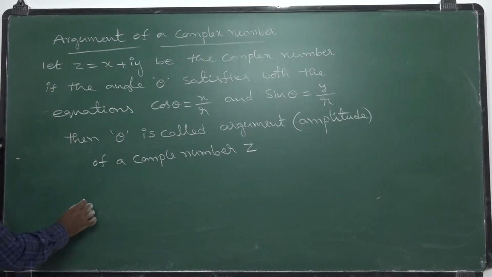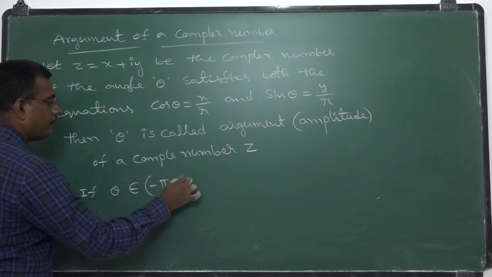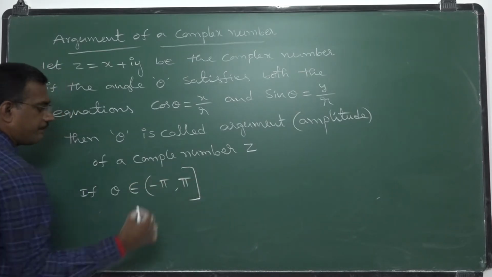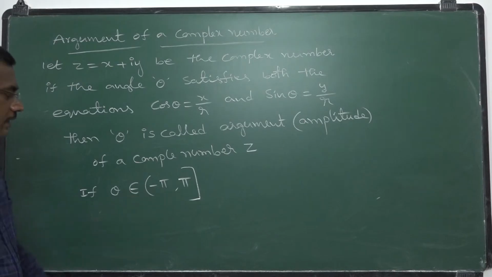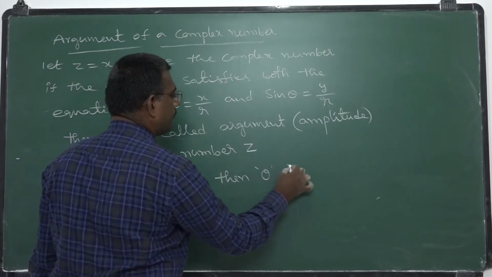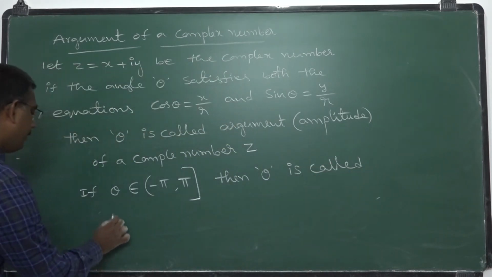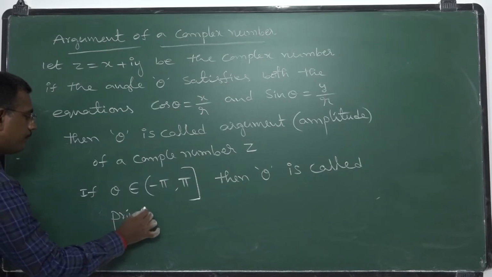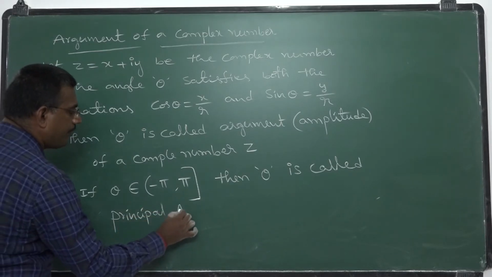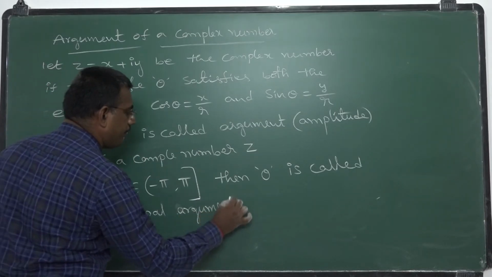If theta lies in the interval, theta belongs to open minus pi to pi closed, then theta is called principal argument of a complex number.